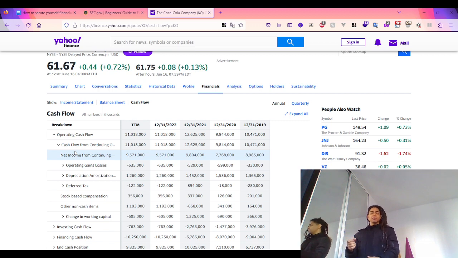Rent is another prepaid expense, as are marketing, software licenses, office supplies, as well as maintenance contracts.